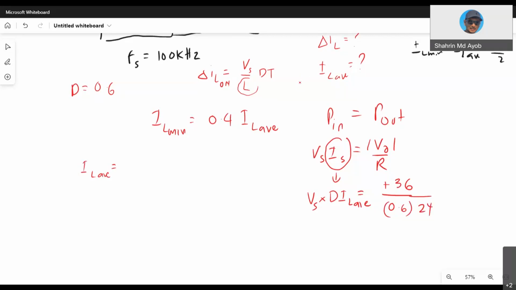36 over R, multiply with the resistance value, 10 ohm. So it is 0.25.